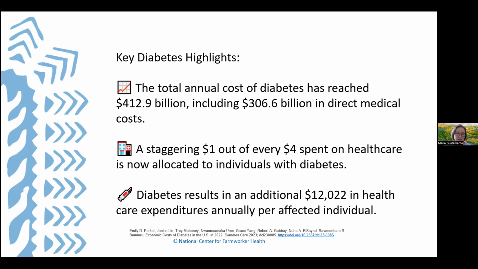They just released this a month or so ago, and I thought it was important to showcase the highlights that they discovered, and the numbers are just astronomical. The total annual cost of diabetes has reached $412 billion, billion with a B. A staggering 1 out of every 4 dollars spent in healthcare is now allocated for individuals with diabetes.